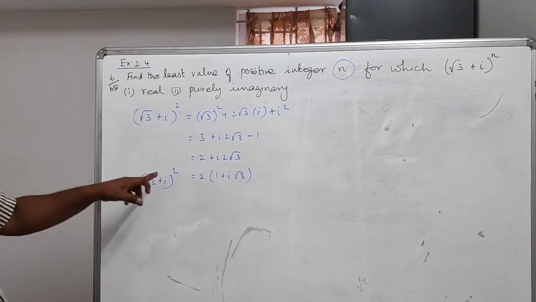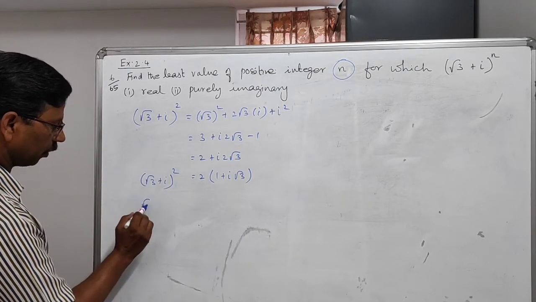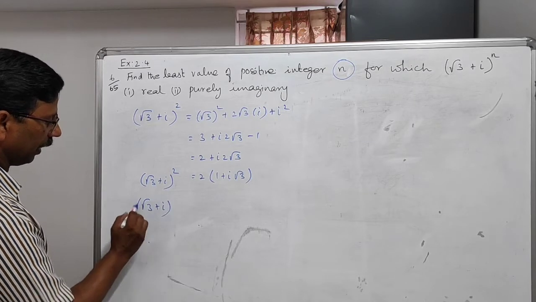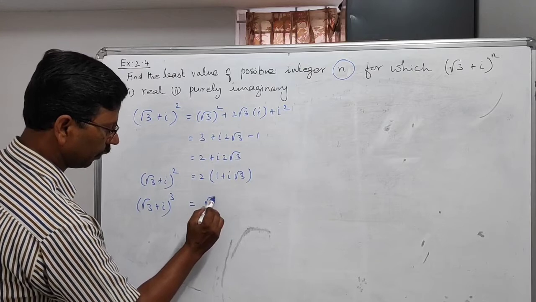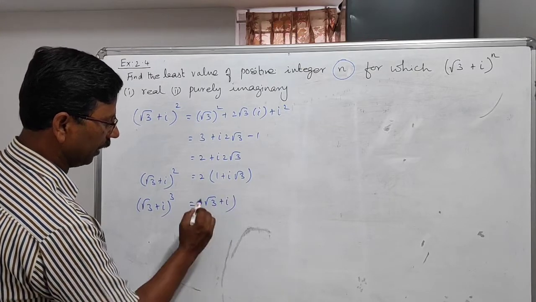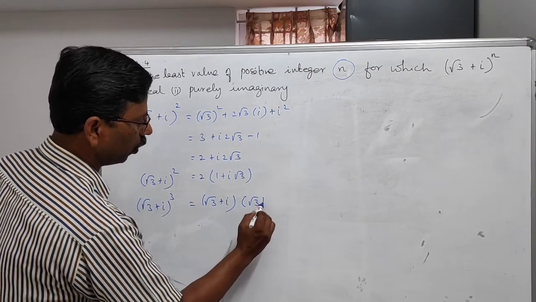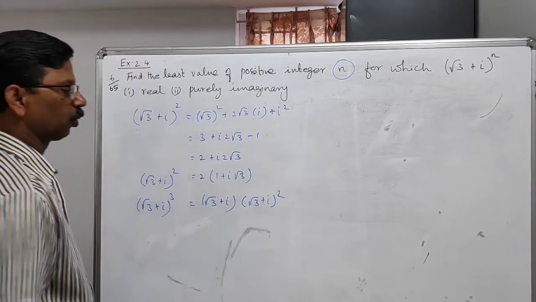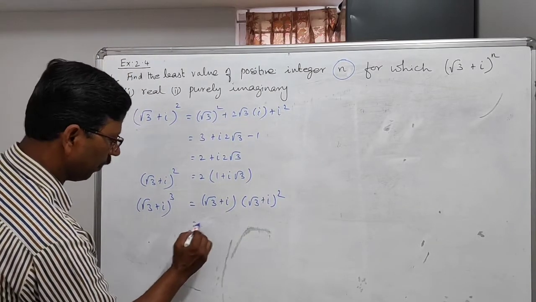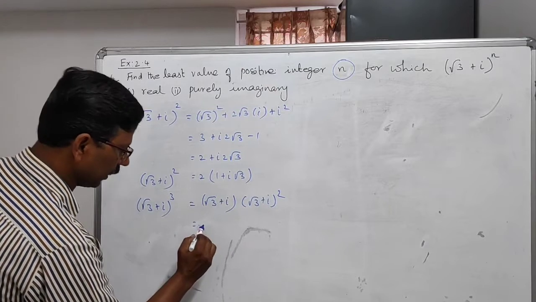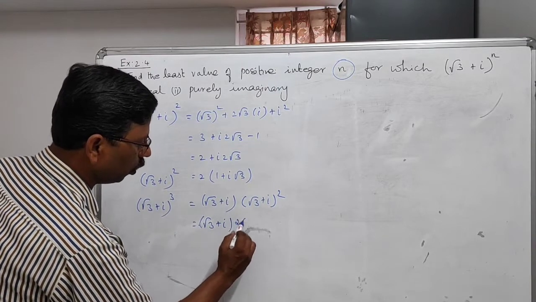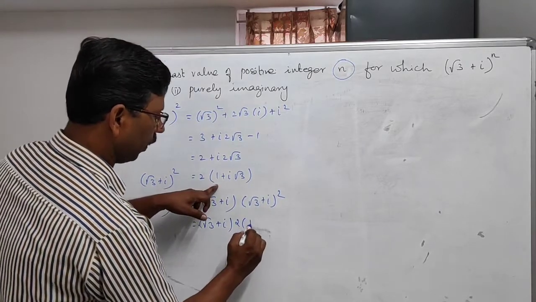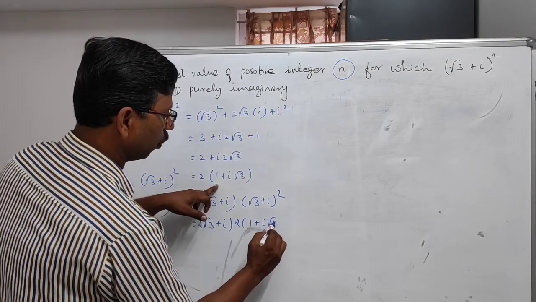Next we can find the cube. That is, (root 3 plus i) whole cube is nothing but (root 3 plus i) into (root 3 plus i) the whole square. Now we know the value of (root 3 plus i) whole square, so that can be replaced. That is, (root 3 plus i) into 2 into (1 plus i root 3).